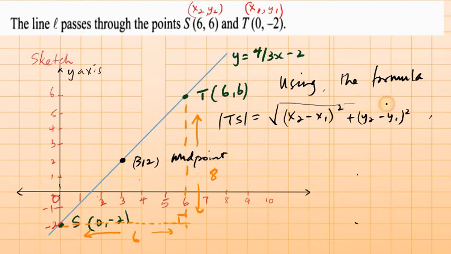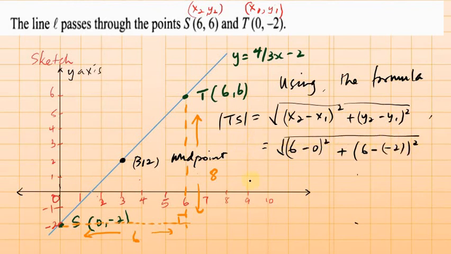This is equal to the square root of x2, which is 6, minus x1, sorry, which is 0, plus y2, which is 6, minus y1, which is negative 2, to be squared.